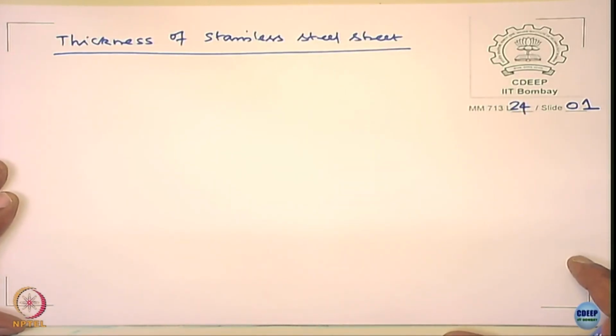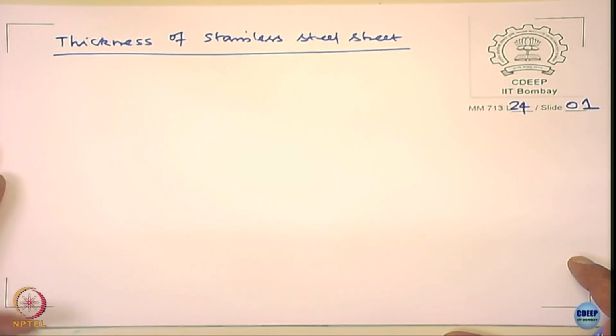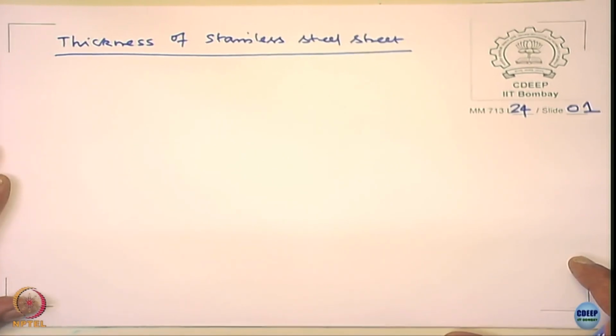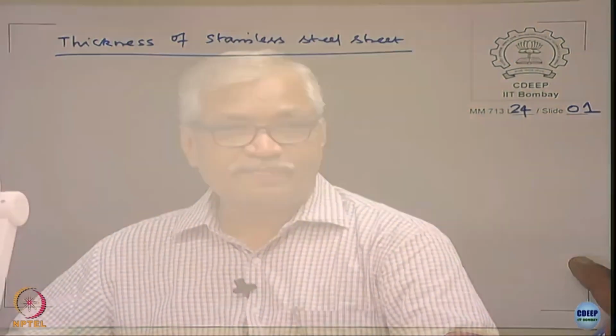Now, if I go for a thicker sheet or thicker plate, and I want to weld at one go, the amount of heat that is deposited per unit area is going to be quite large, isn't it?